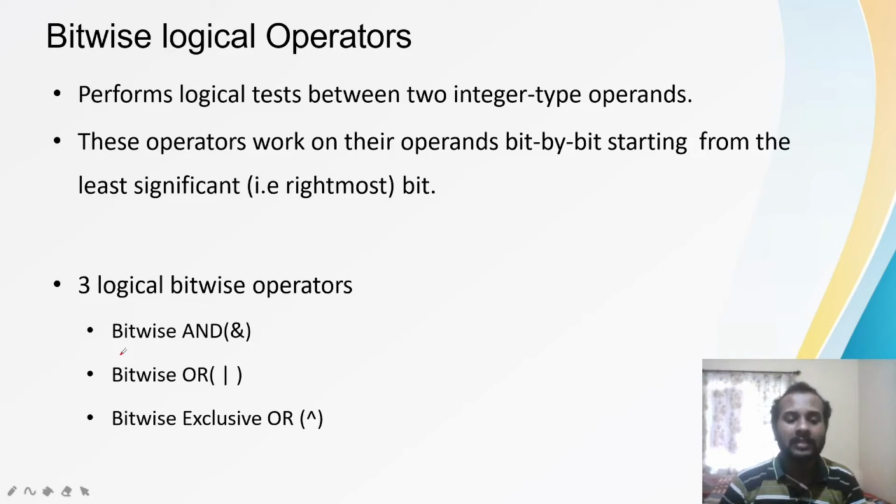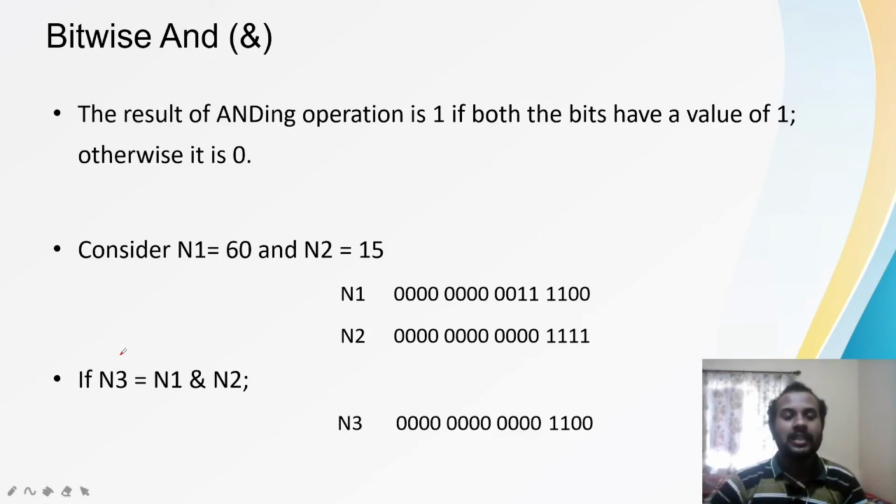Coming to the bitwise exclusive OR or XOR, your output will be 1 when only one of the inputs is 1. Bitwise AND: the result of ANDing is 1 if both the bits have the value 1, otherwise it will be 0.